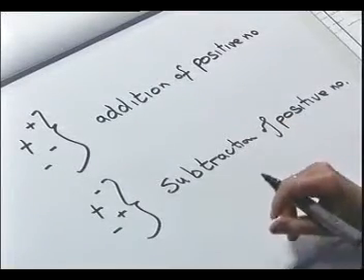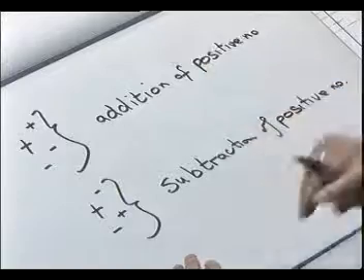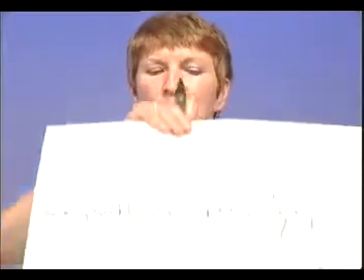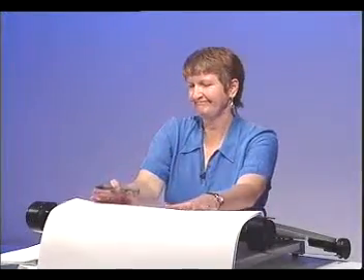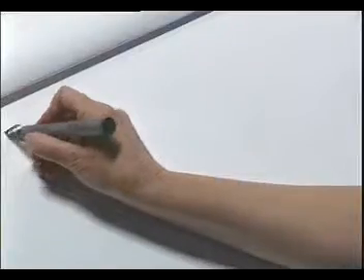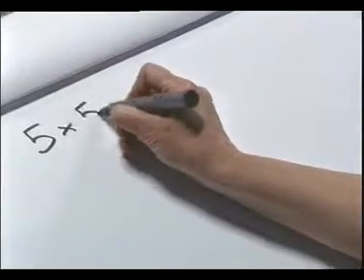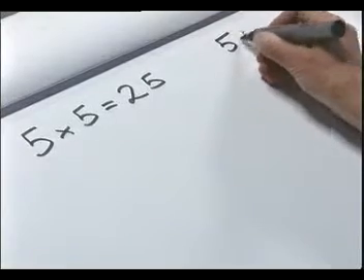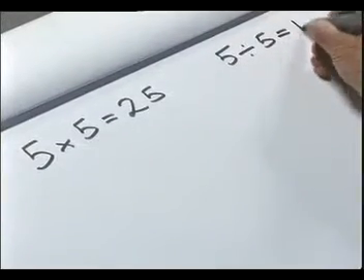Now, we've talked about addition and subtraction of positive and negative numbers, but what about multiplication and division? Well, we'll start with what we know. We know how to multiply and divide positive numbers. We know that 5 times by 5 is 25, and 5 divided by 5 is 1.